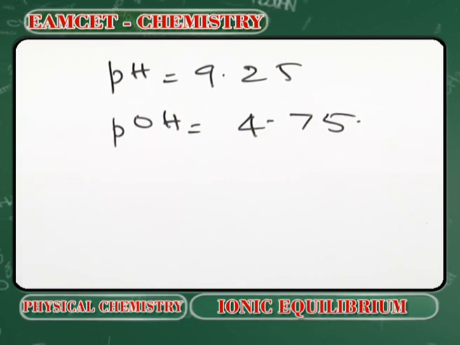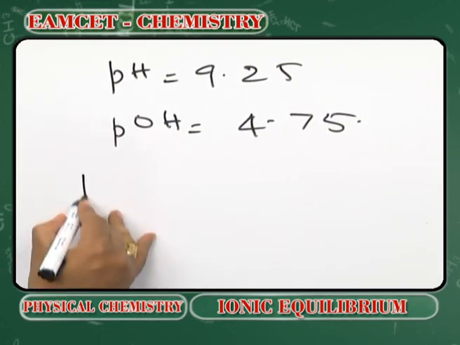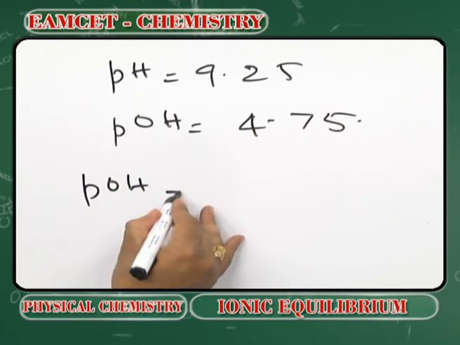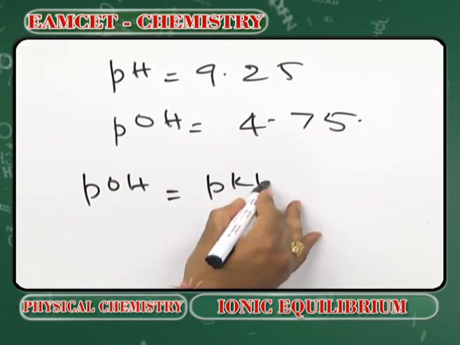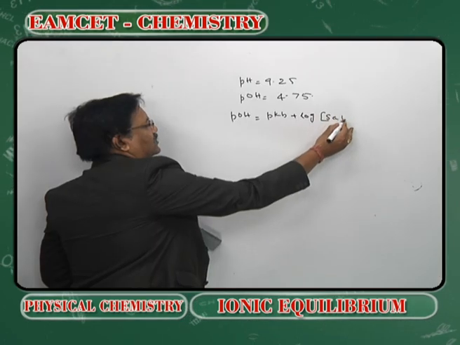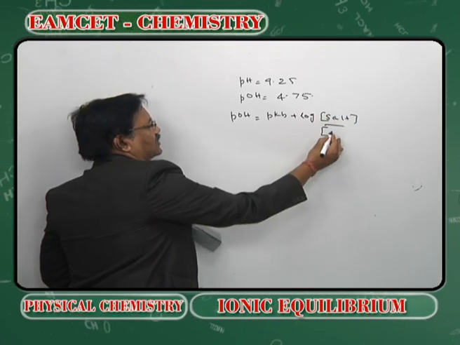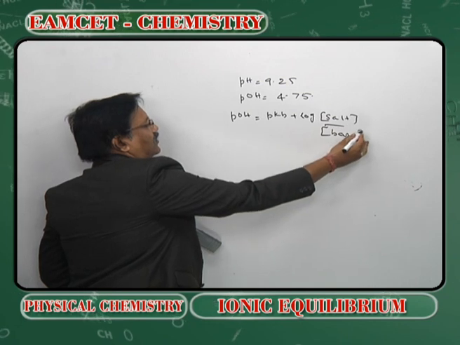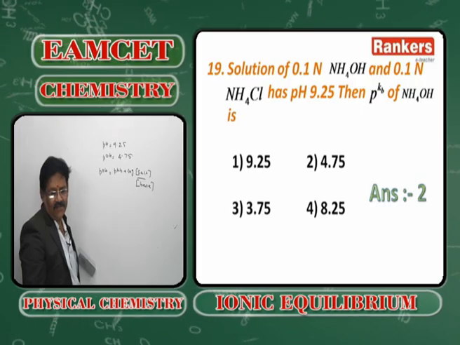For a basic buffer, what is the expression we have? pOH is equal to pKb plus log of salt concentration by base concentration.